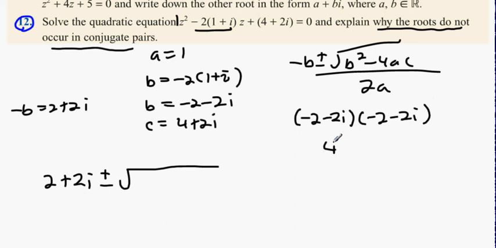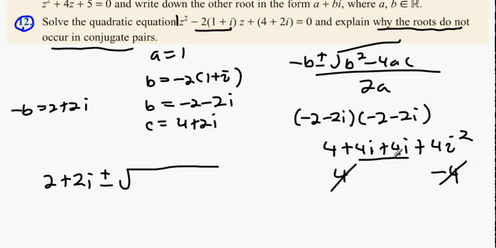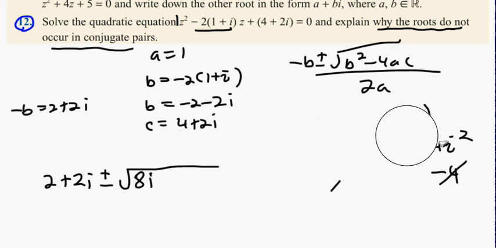So we're going to get 4 plus 4i plus another 4i plus 4i squared. 4i squared turns to minus 4, so it's going to be 4 minus 4, which cancels. That's just going to be 8i. So the b squared part is 8i. Okay, and now we're going to do the minus 4ac.